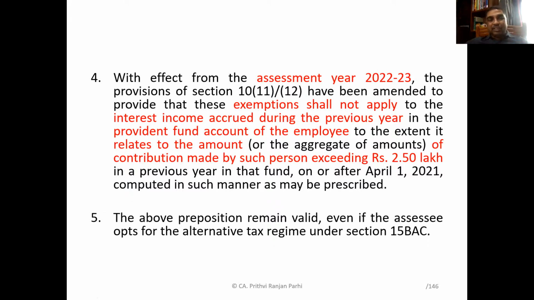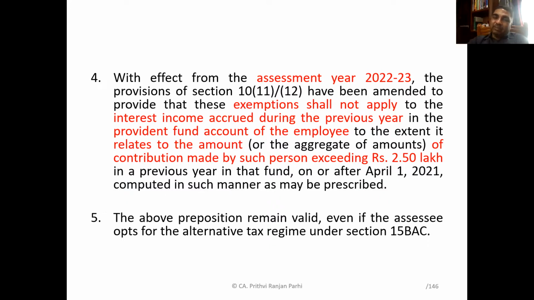Okay, so this is as per the latest amendment. You can say this is for assessment year 22-23. I repeat, these exemptions shall not apply to the interest income accrued during the previous year in the provident fund account of the employee to the extent it relates to the amounts of contribution made by such person exceeding rupees 2,50,000.